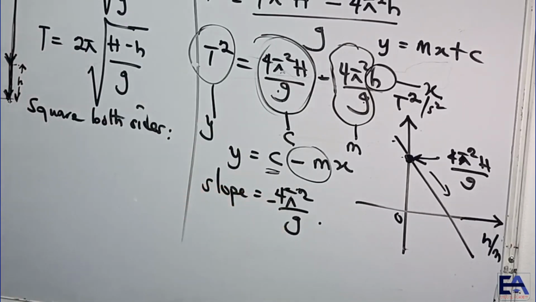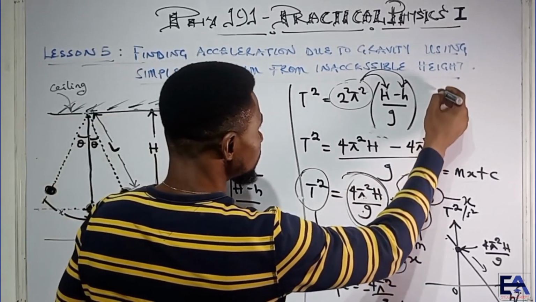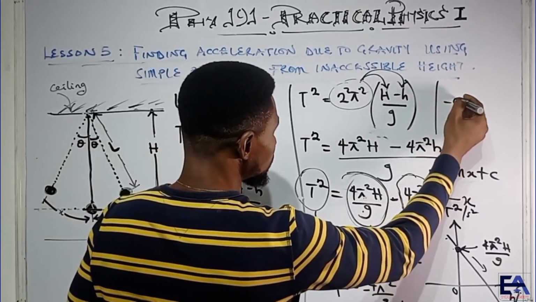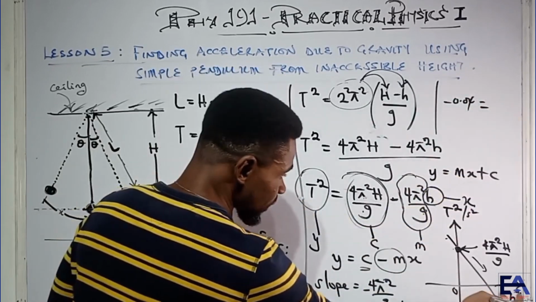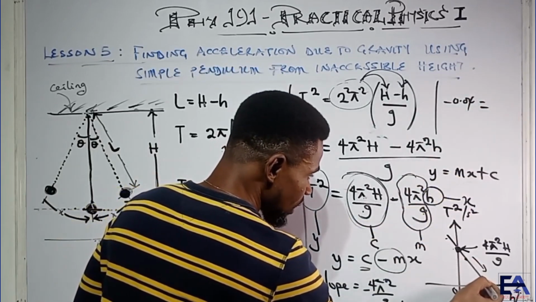For instance, let's assume that you got the slope as, definitely going to be a negative slope, minus 0.04. That's what you got after plotting the graph and looking for 2 points across the graph.